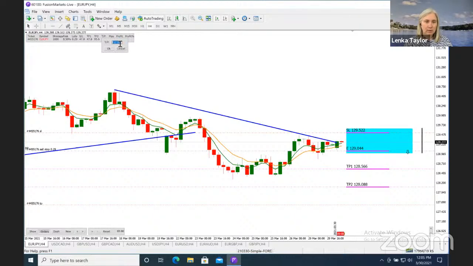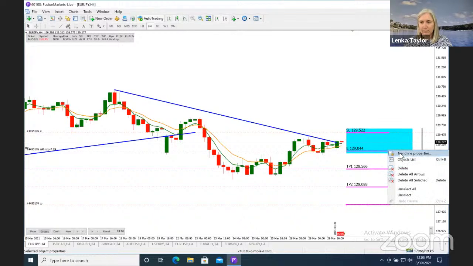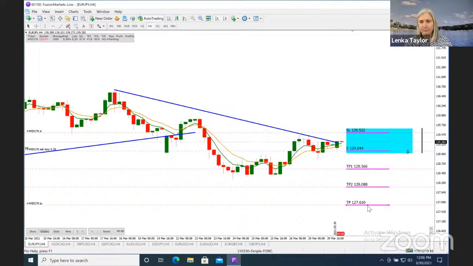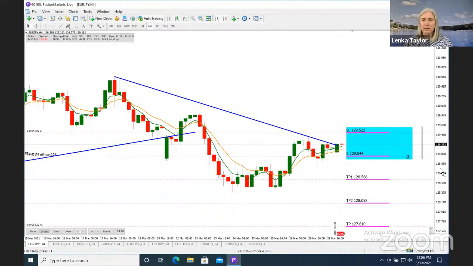Let's have a look. Okay, so that's what my trade setup looks like there for today.